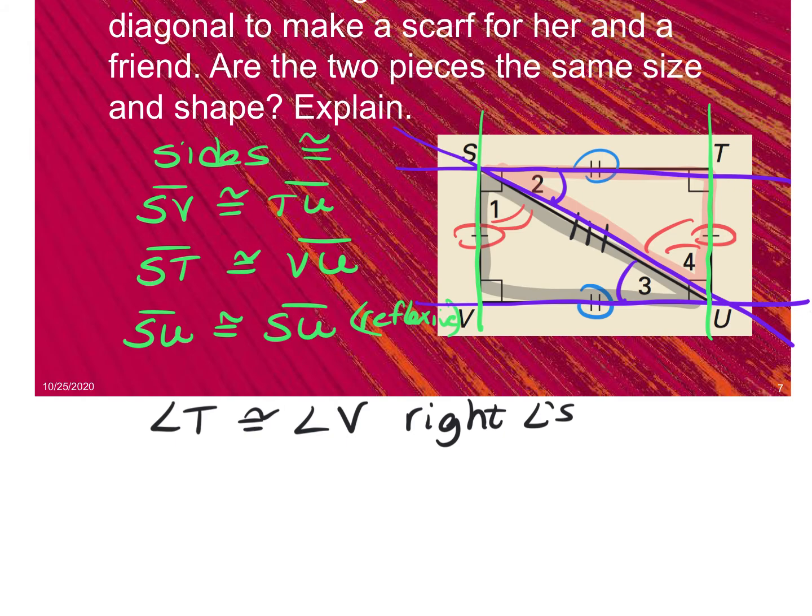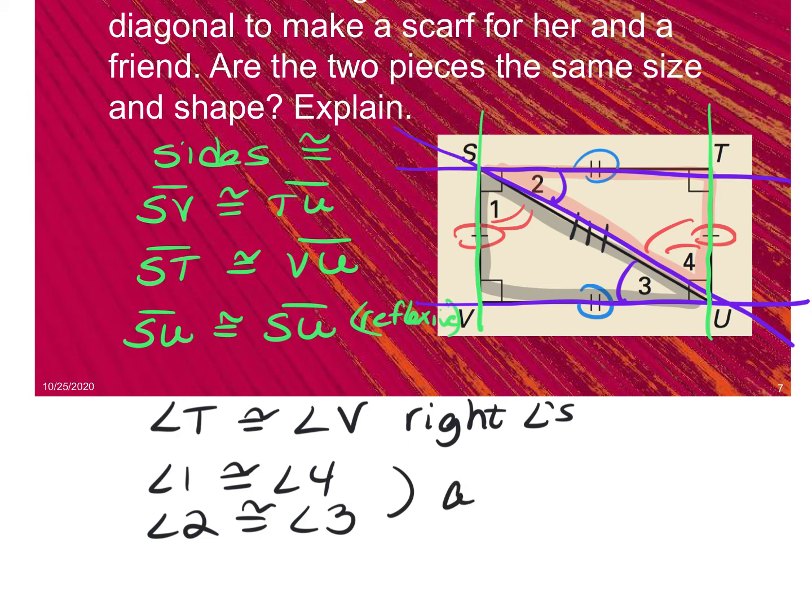So the other two angles are going to be alternate interior, and they gave us numbers here to make it a little bit easier. So I could say angle 1 is congruent to angle 4, and angle 2 is congruent to angle 3. And the reason is that they're alternate interior angles.